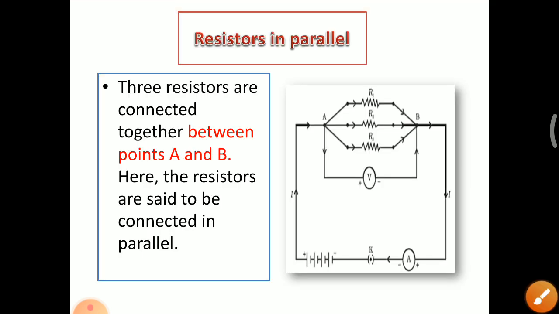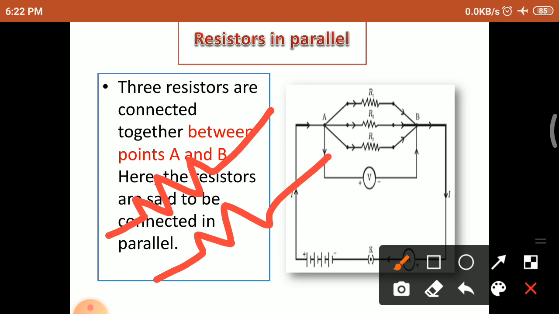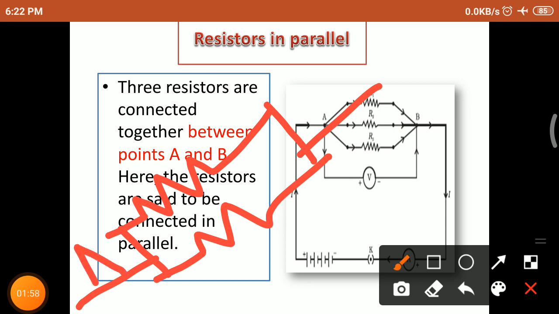The next, resistors in parallel. How do you identify resistors in parallel? When the resistors are connected between the two points, then the connection is said to be resistors in parallel.